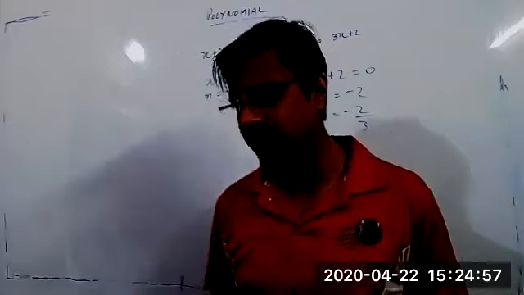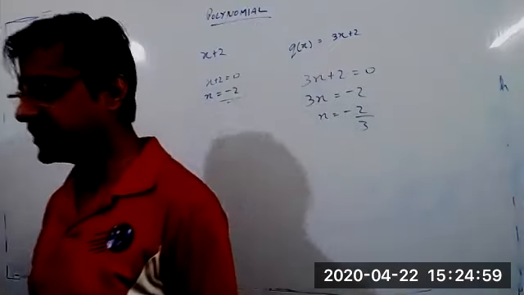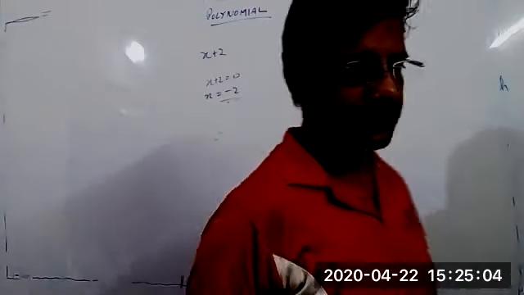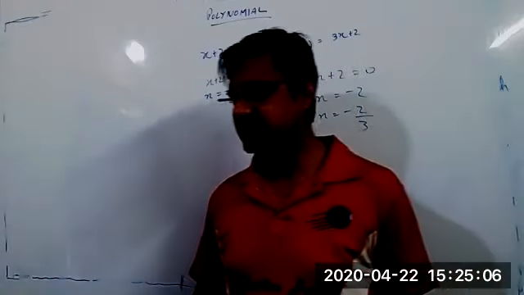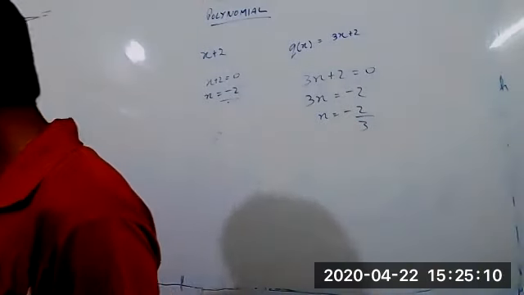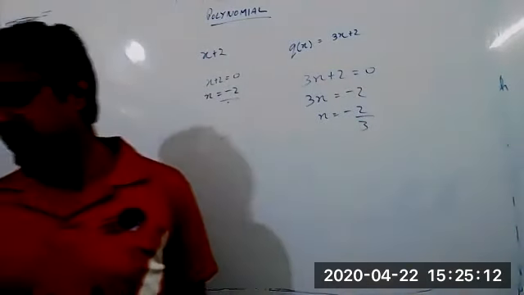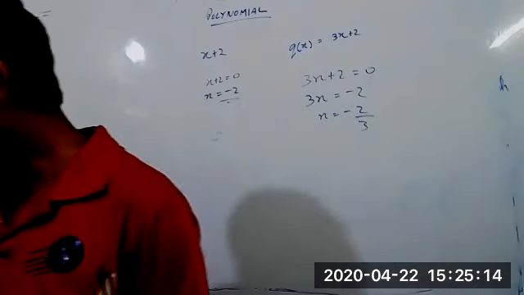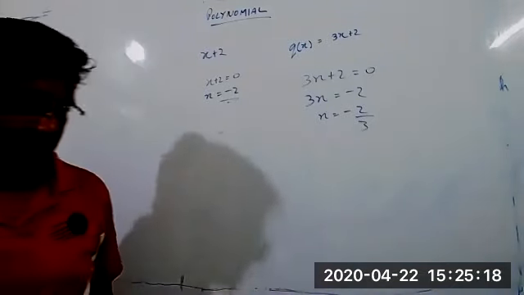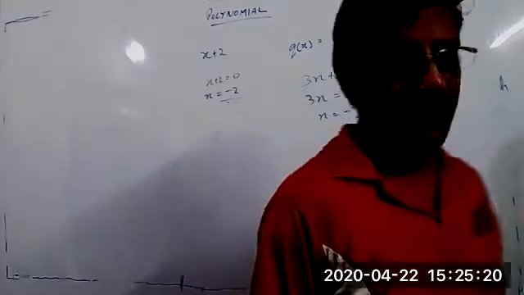Those who have the book can do it; for those who don't, I'm sending the PDF. You just have to find whether it is a polynomial or not, the zeroth value, the degree of the polynomial, and the classification of the polynomial. What I have taught, they have given one by one. Just a few questions. That's it.